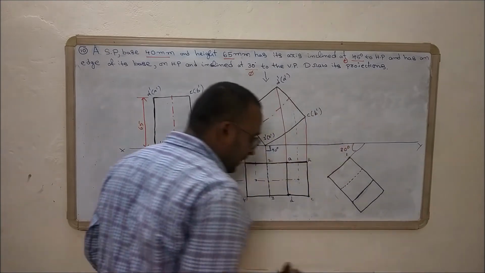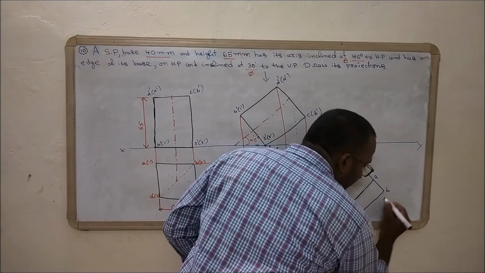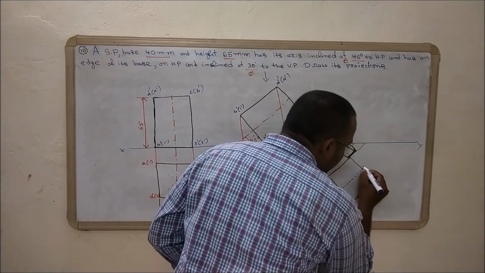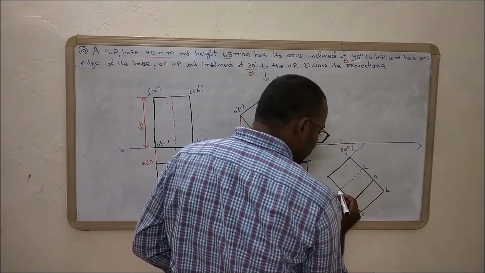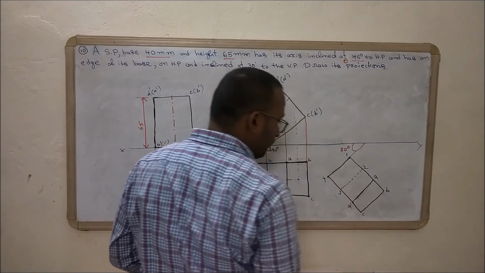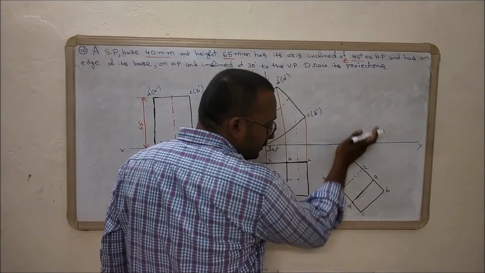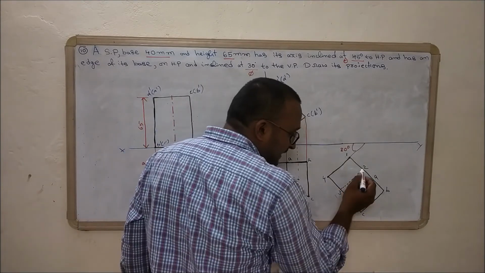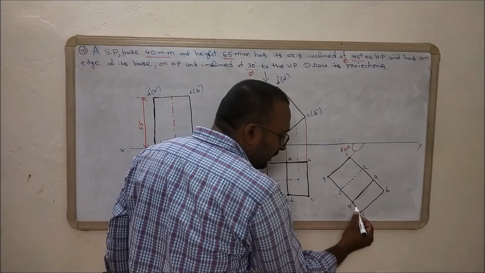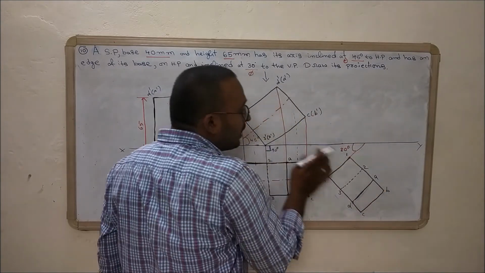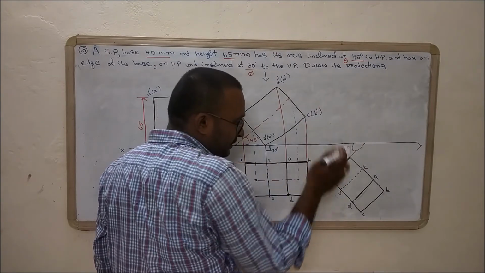Here we will have A, B, C, D, 1, 2, 3 and 4. And then here this is the axis making an angle of 30 degrees to the VP. The base edge is making an angle of 30 degrees to the VP. So we need to project all those points upwards until they touch the front view extension lines.